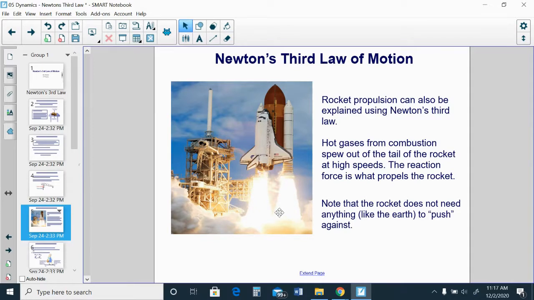And the reaction force is the force of the atmosphere gases onto the combustion gases. So note that the rocket does not need anything like the Earth to push against, since the two different objects in this case are the combustion gases and the gases in the atmosphere.